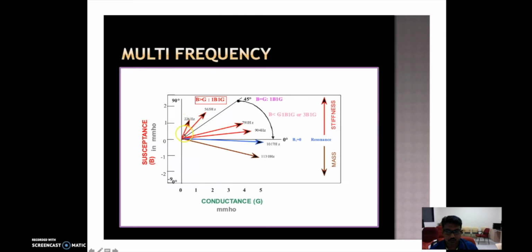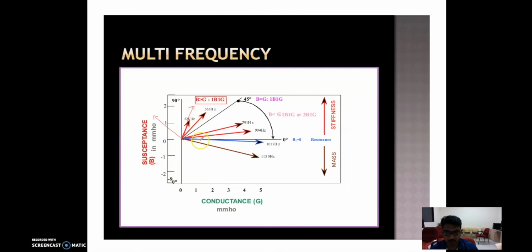You can imagine the impedance vector in a very stiffness dominant system is like this. It actually is not possible, but I'm just imagining it for the sake of understanding. So even at 1000 hertz, you would find the impedance vector still flowing here. Even at 1000 hertz, if you get a 1B 1G pattern, that is an indication that the system is stiffness dominated.